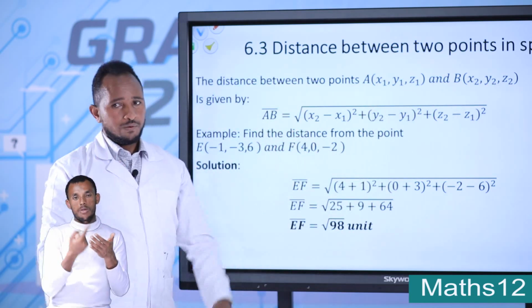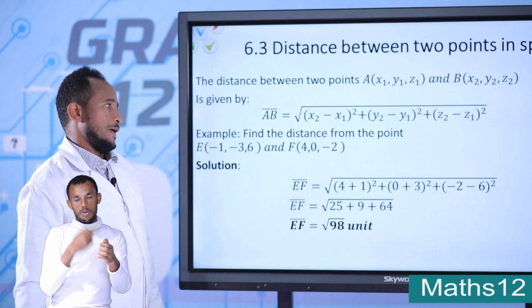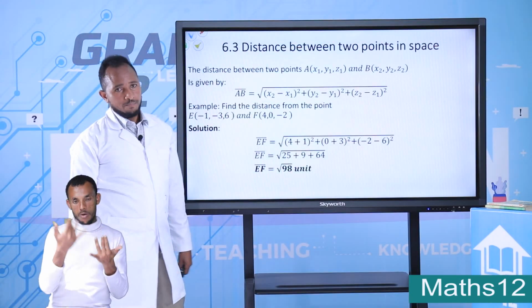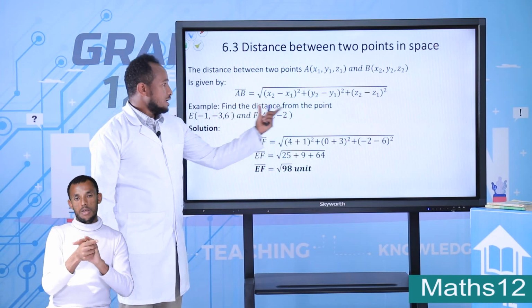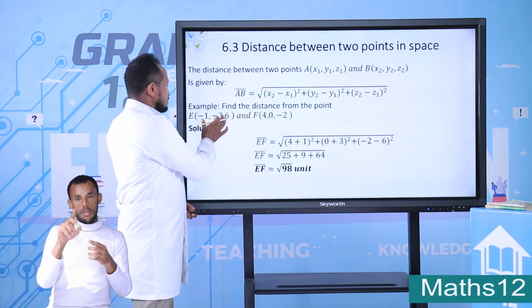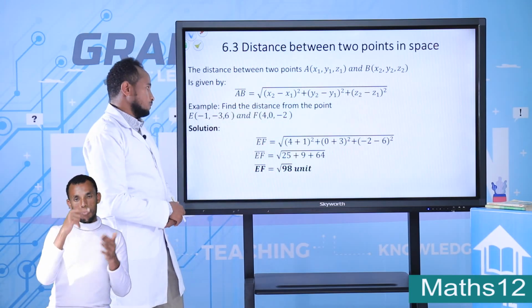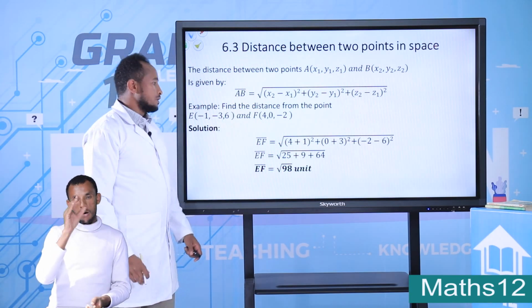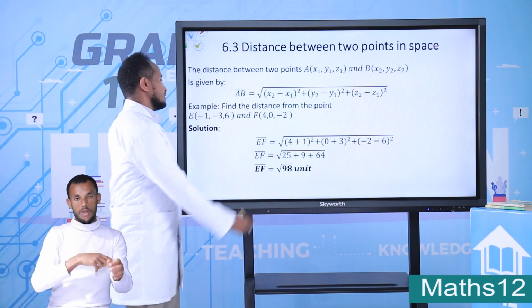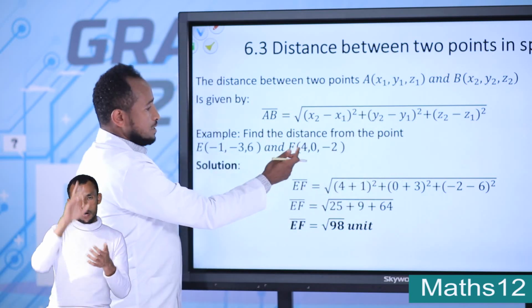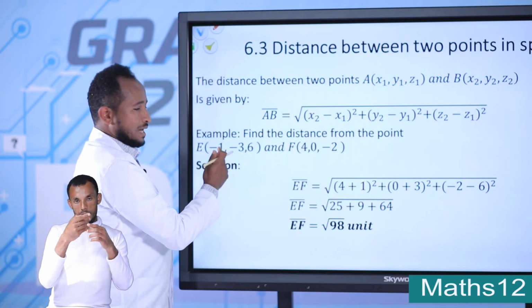Using this, you can evaluate the distance between 2 points in space. Now let's see an example. Let's find the distance between these 2 points, E and F. This distance will be the square root of the difference between the x coordinates, 4 minus 1.